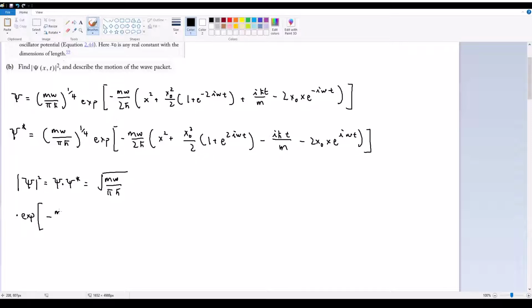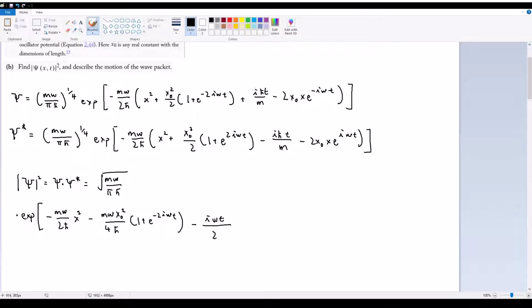So negative m omega over 2h bar x squared minus m omega x naught squared over 4h bar times (1 plus e to the negative 2I omega t) minus I h bar omega t over 2h bar, and actually the h bars cancel out as well. So I omega t over 2.